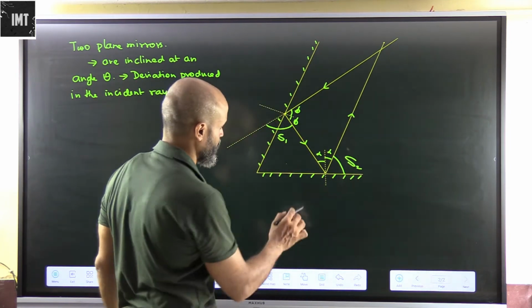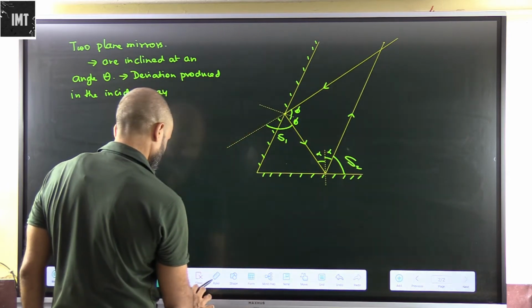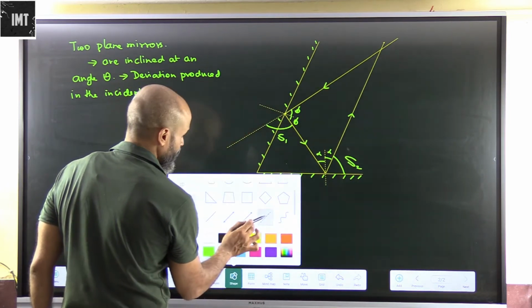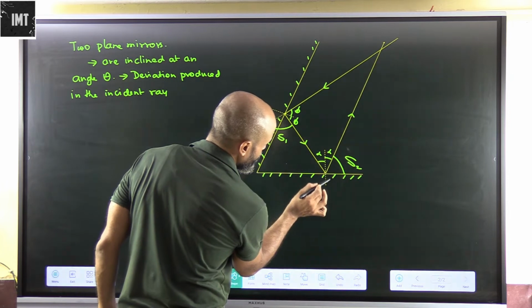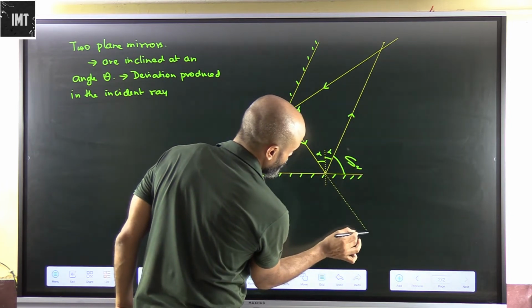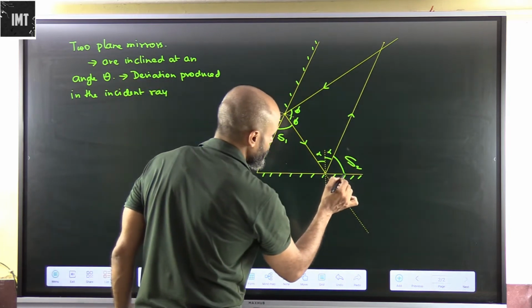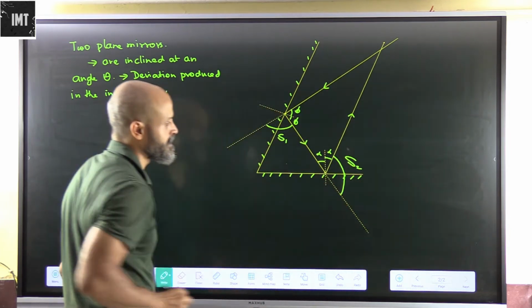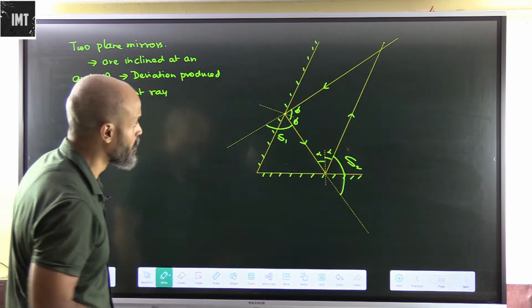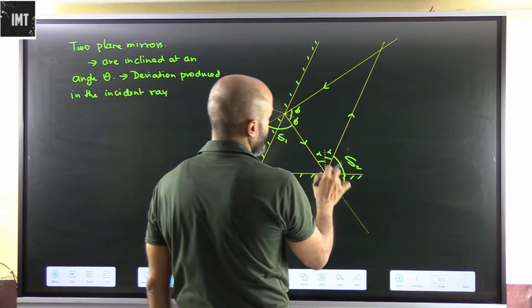Let's say I extend this here. If I calculate the entire deviation, this will be the entire deviation, with delta 1 here and delta 2 here.